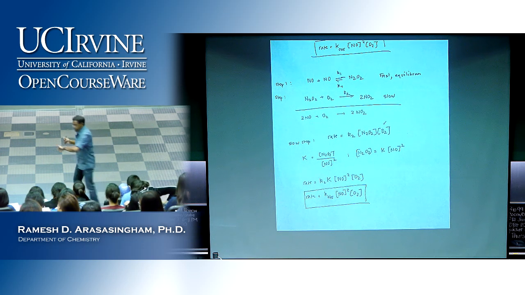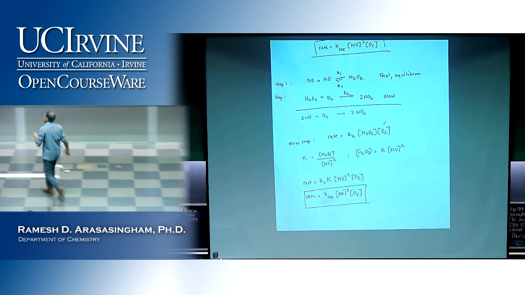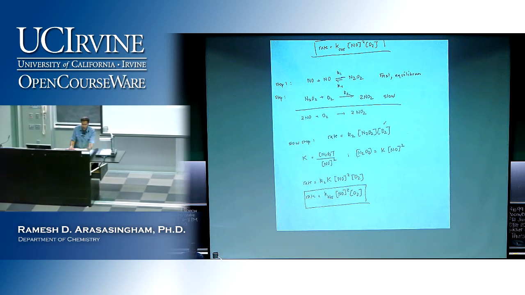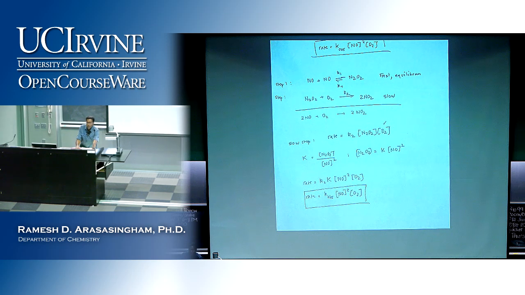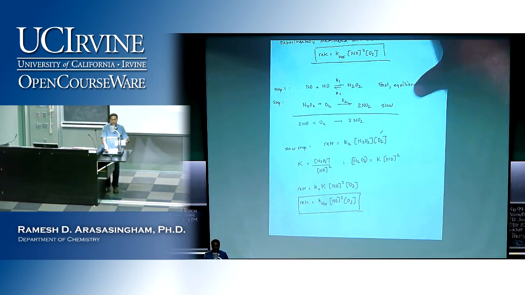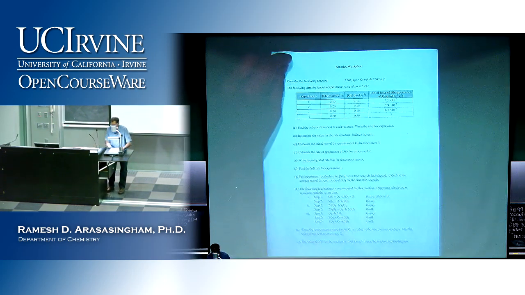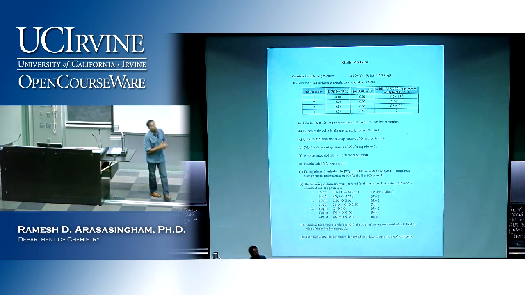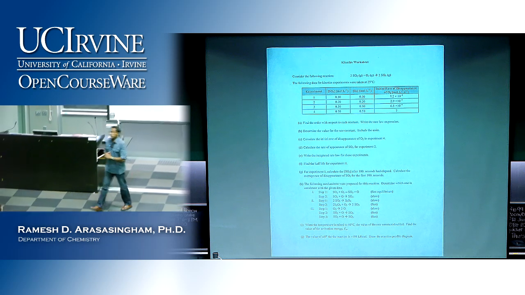Now, in the last couple of minutes, I want to show you how this whole thing is applied. That's the worksheet I have put on the class website, and you can print it out. I would like you to work this out because it explains the process as you go along. So let's look at this.